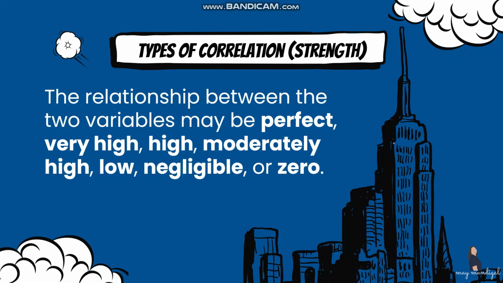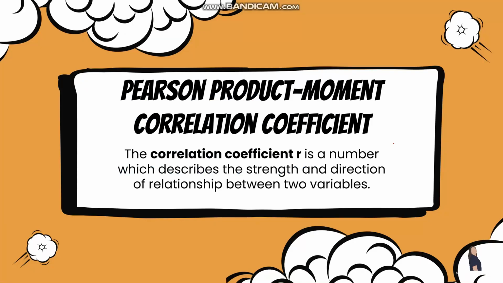Okay, so before we can determine these terms, we have to solve for a particular value first, and we call it the Pearson product moment correlation coefficient. So the correlation coefficient r is a number which describes the strength and direction of the relationship between two variables.